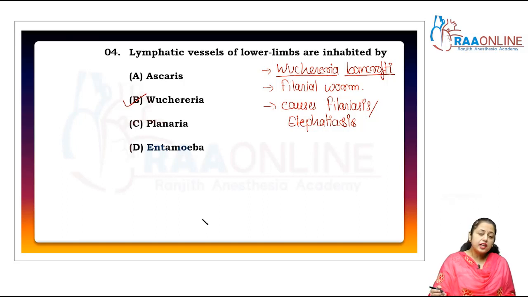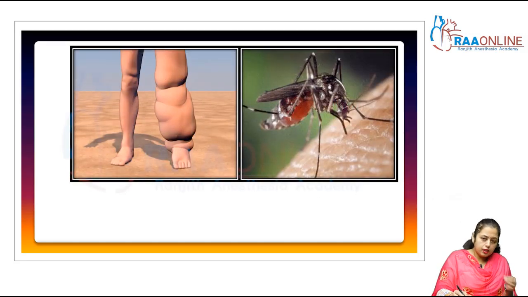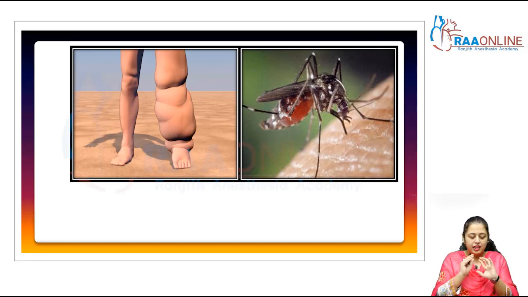Actually, they can live for many years in the lymphatic vessels, and they cause chronic inflammation, right? You can see here that this is the normal leg, and this is elephantiasis, like an elephant. This is the severe case, but in a more severe case, the whole leg is just like an elephant.